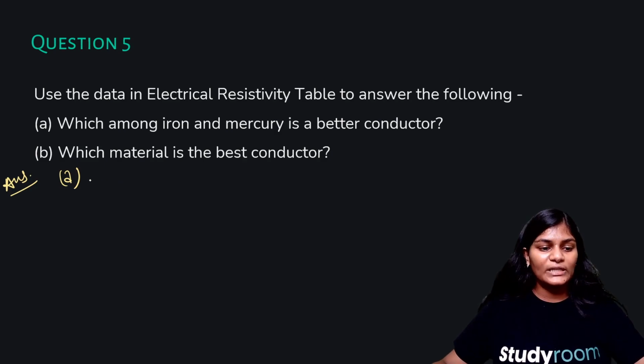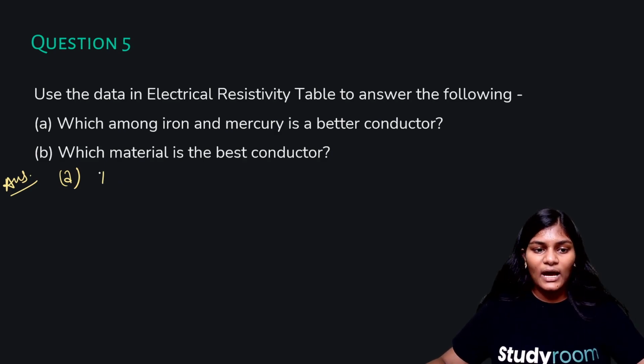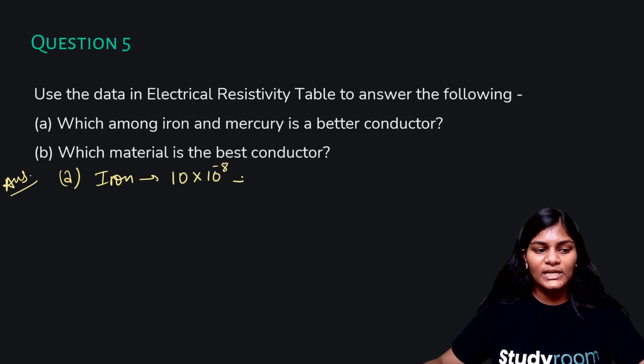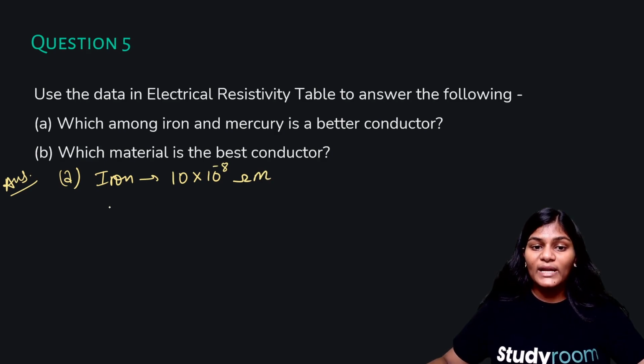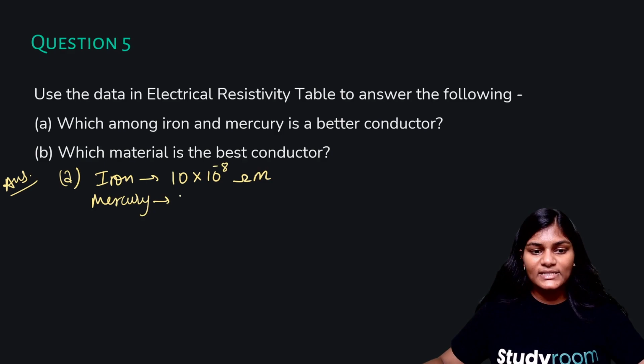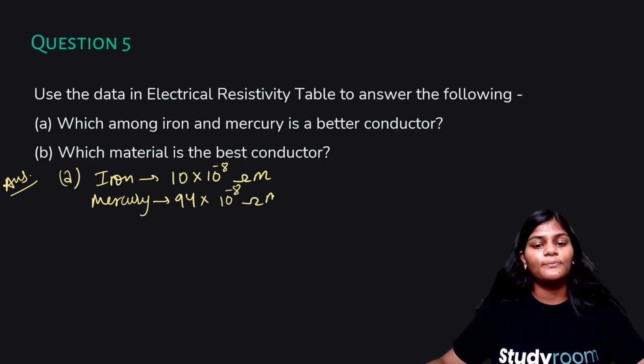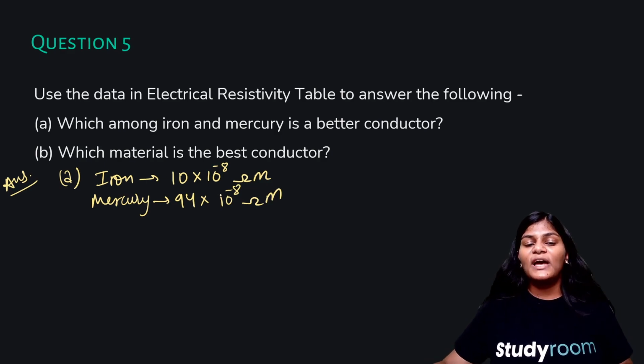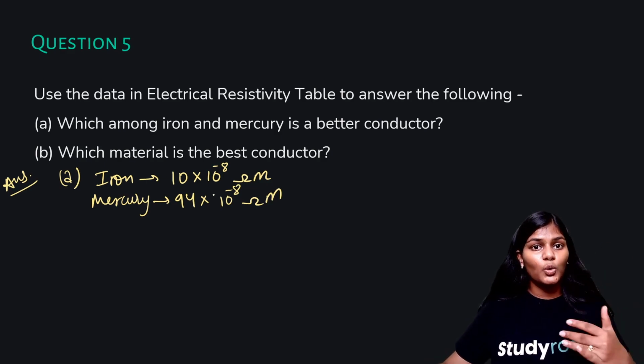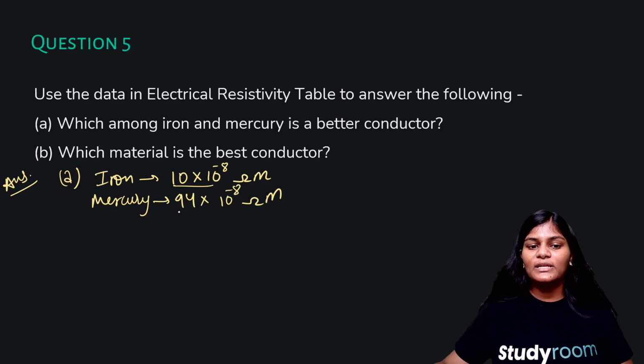So if you look at the table, you will see that iron has an electrical resistivity of around 10 into 10 to the power minus 8 ohm meter, whereas mercury has an electrical resistivity of about 94 into 10 to the power minus 8 ohm meter. Now tell me, which has a lower resistivity, 10 into 10 to the power minus 8 or 94?